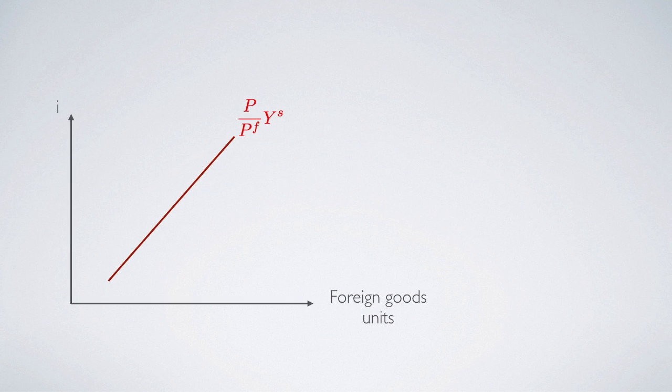And now we put the YD line on the same graph. We start from the case where the real interest rate is R star, and we assume that under this real interest rate, the current account balance is equal to 0. That's why it would pass through the intersection of these two curves.